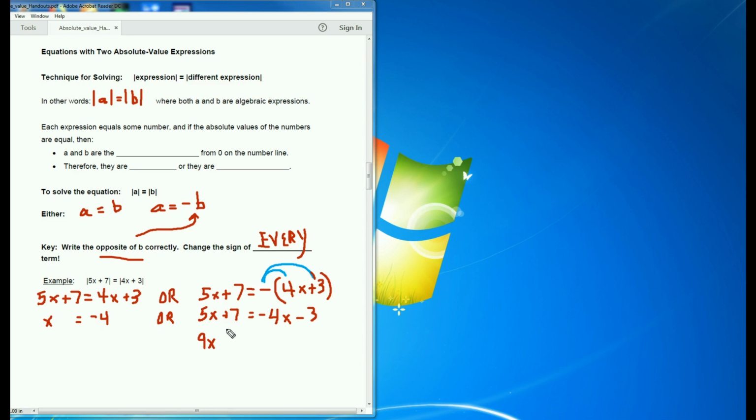And then to move the numbers over, I'm going to subtract 7 from both sides. So minus 7, minus 7. So I have minus 3 minus another 7. So that equals negative 10. And then just last step, divide both sides by 9.